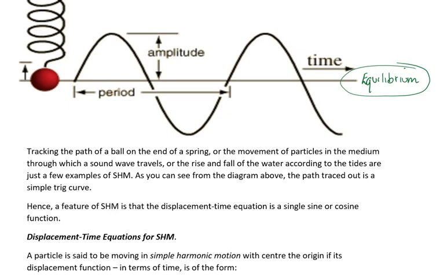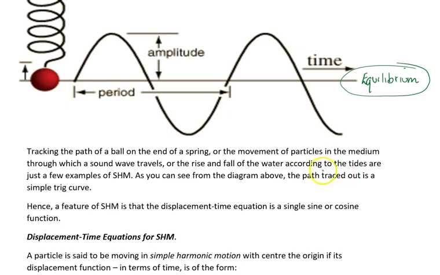So a particle on the end of a spring is not the only example. You can see here that it says that if you were to observe particles about a sound wave, then you would see the particles moving as the sound wave goes past. The particles move in a similar manner. It's probably not something that most of us are familiar with, but this one I think is the rise and fall of the water according to the tide.